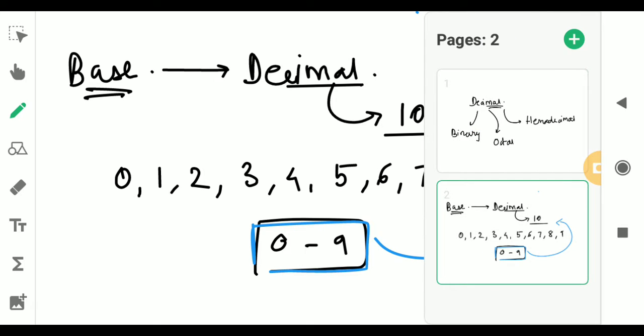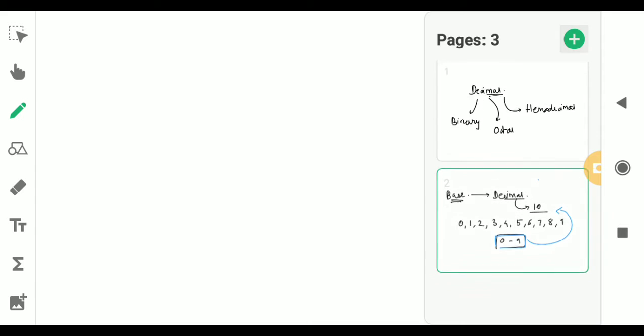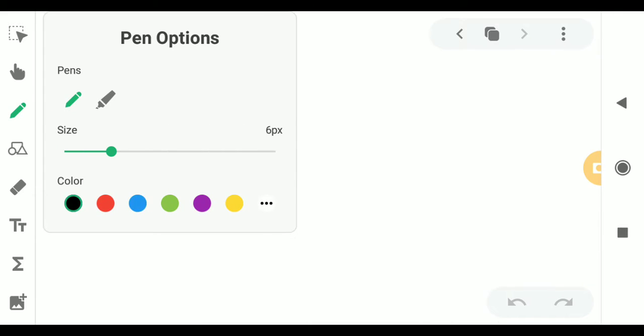All right. What about binary? The base for binary number system is 2. Let me explain what the binary number system is. The number system used by most of the computers is binary. Why did I say most?